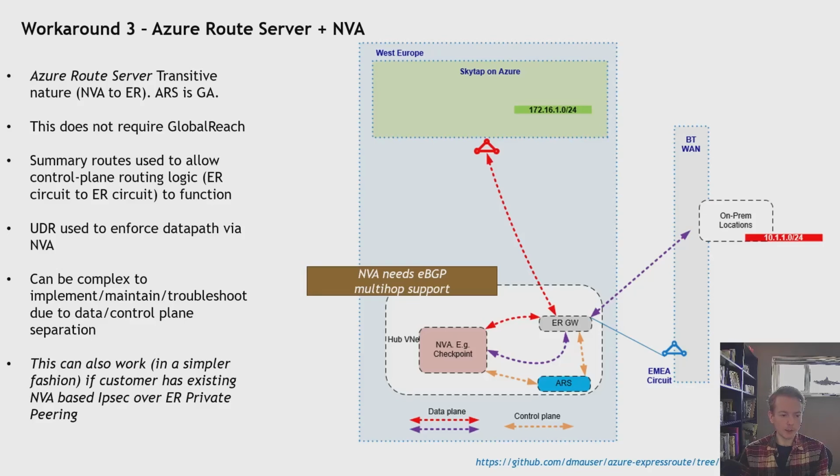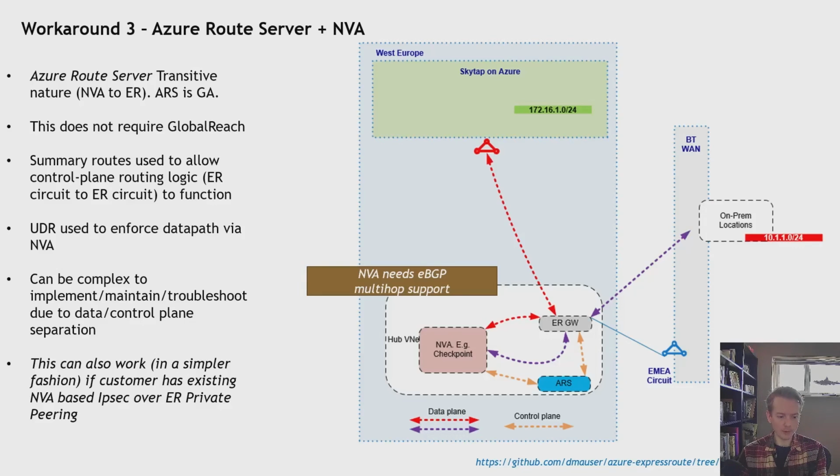Workaround number 3 is similar to what we just showed, but this time we are using Azure Route Server and not virtual WAN. Azure Route Server is a product that you can deploy inside of a regular hub virtual network, and it's a way in which you can talk BGP to the Azure Fabric and effectively operates like a route reflector.